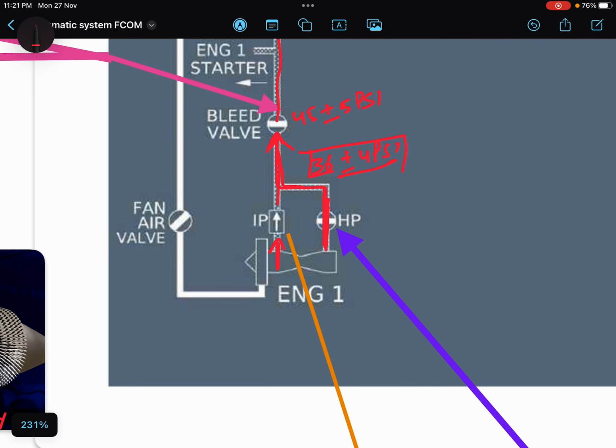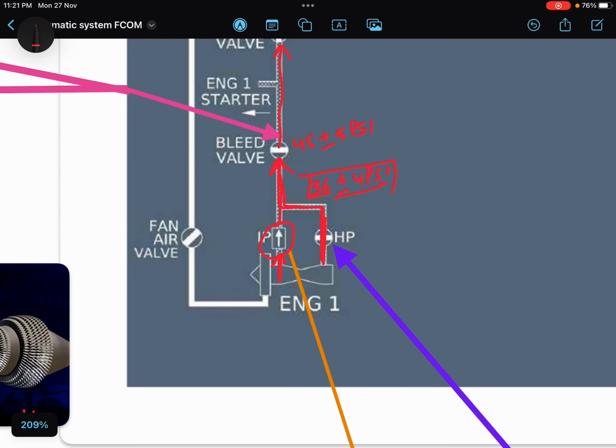That's perfect. Now I will tell you what this is, and then we will talk about the bleed valve in detail.